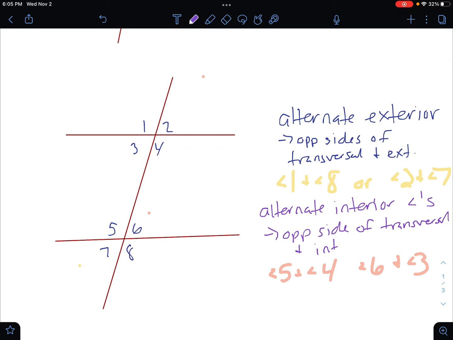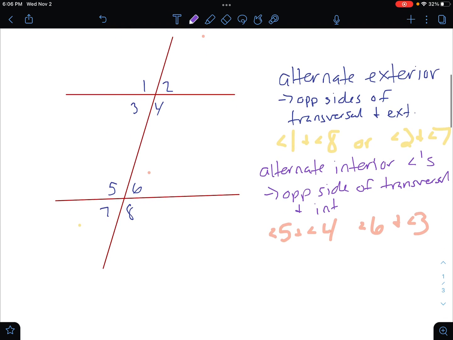We also have consecutive interior. Okay, consecutive angles. We really only deal with the interior ones, even though the exterior ones would have the same theorem. So consecutive angles are the ones that are on the same side of the transversal, and they're inside the bread.